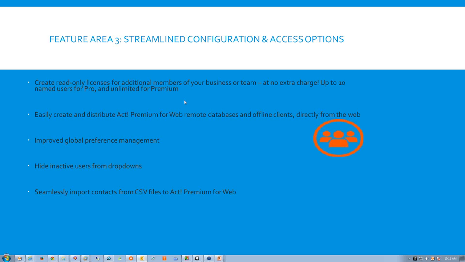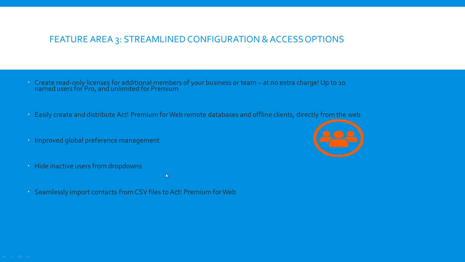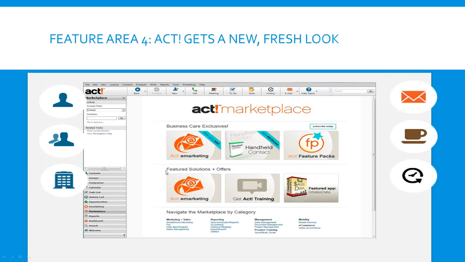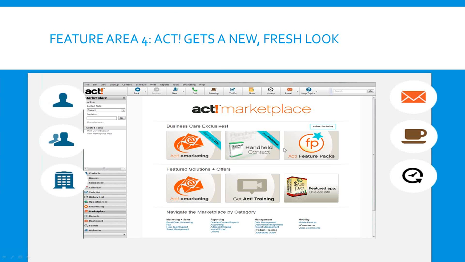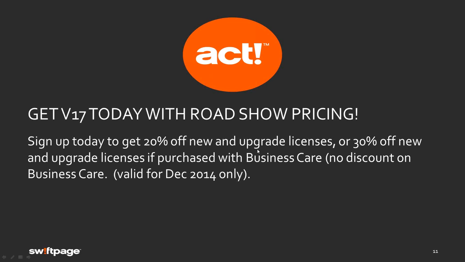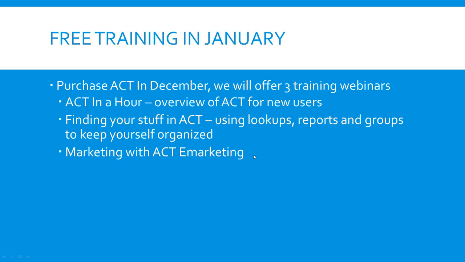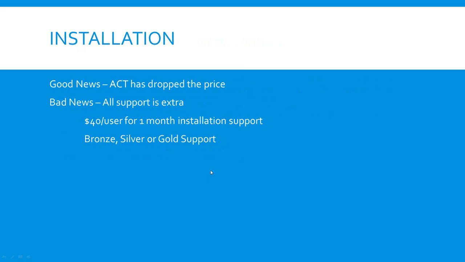All right, so let's keep going. So with Act for Web, now you can import CSV files, not Excel files like the desktop, but CSV files, which should give you some ability to do some imports. The fresh new look, we've seen you basically got new icons, new logos across the top. Hopefully modernizes the look of the program. All right, so that's an old spreadsheet there.